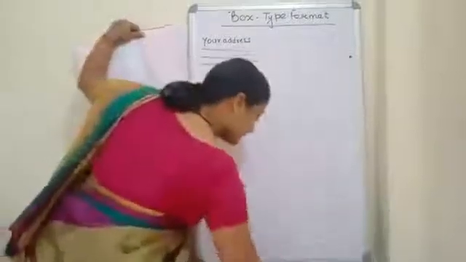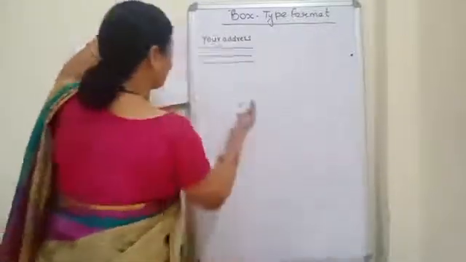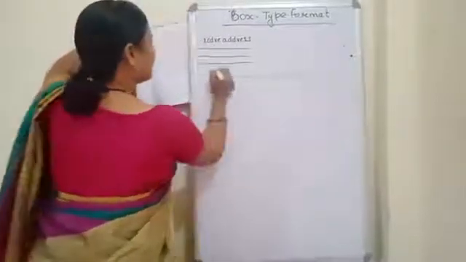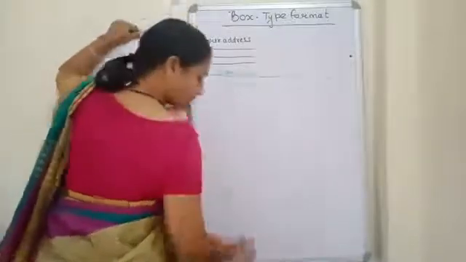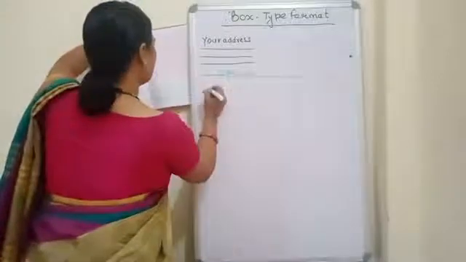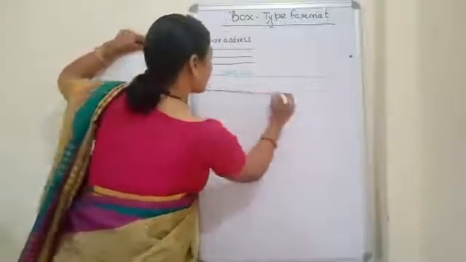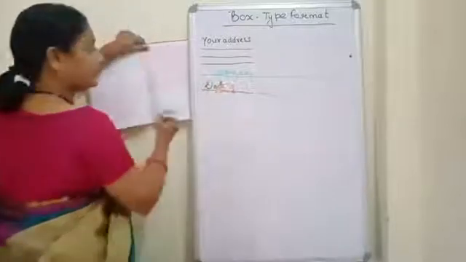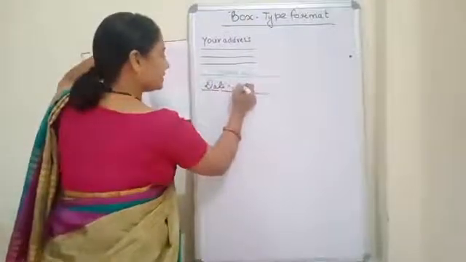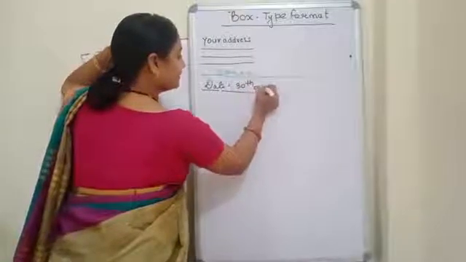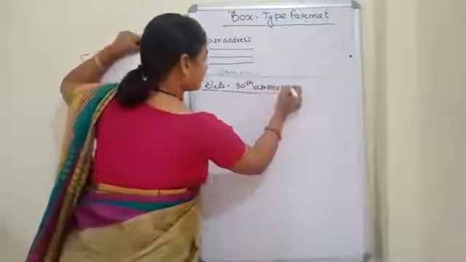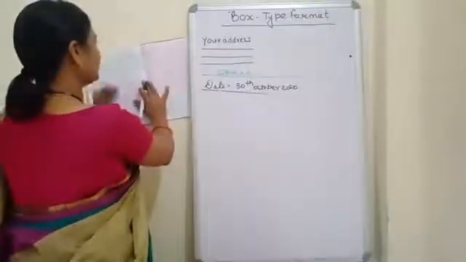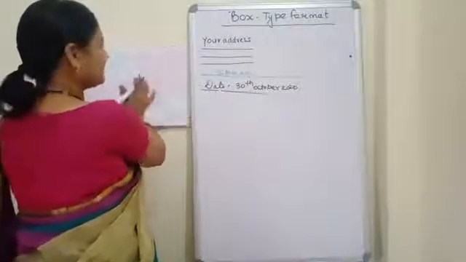Leave one line, then you write the date. The date must be in this manner. After the date, again we have to leave one space.